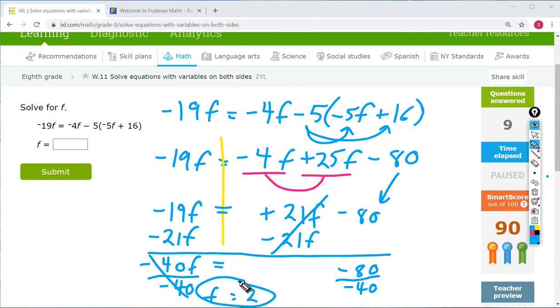So f is equal to 2. Again, you could plug the 2 back in everywhere that you see an f, and you would see that both sides would turn out to be exactly the same. You would get negative 38 in the end on both sides.